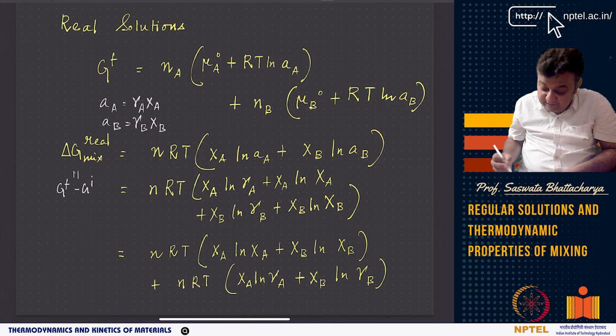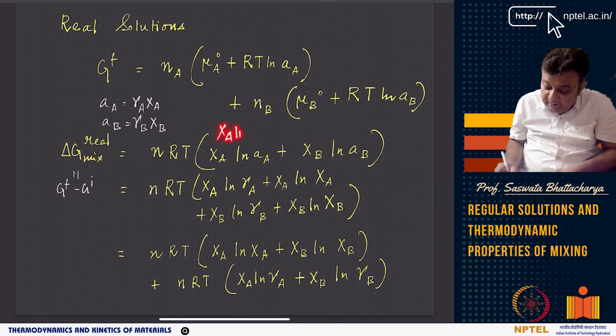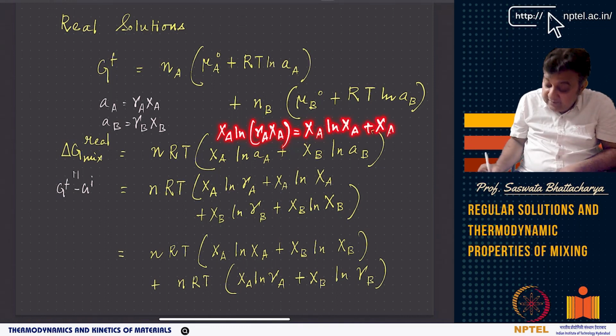So basically, instead of XA ln aA, I am writing XA ln gamma A XA, which equals XA ln XA plus XA ln gamma A, right?